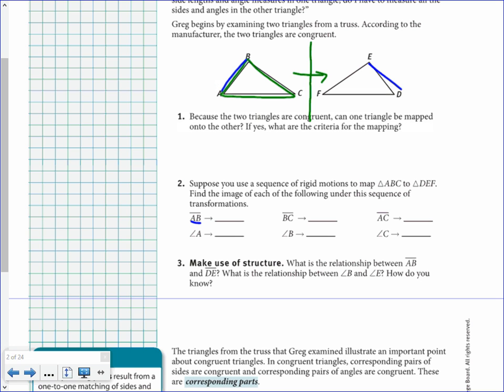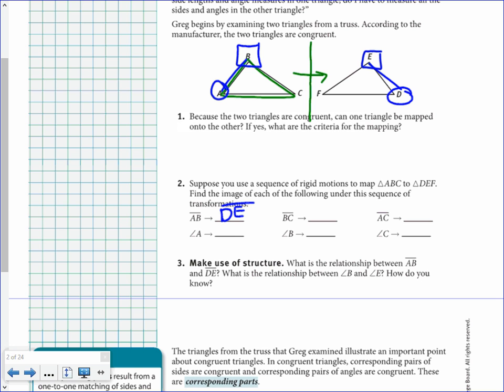Well, they give us specifically AB. So A is going to map to D. So if A is first here, D is going to have to go first whenever I'm looking at the image. And then if B is second, B maps to E. And so we know that AB is going to map to side DE.